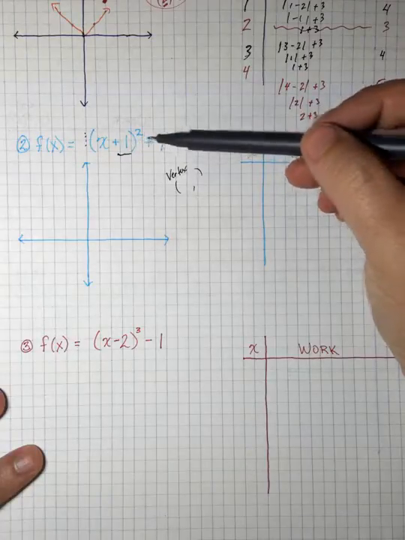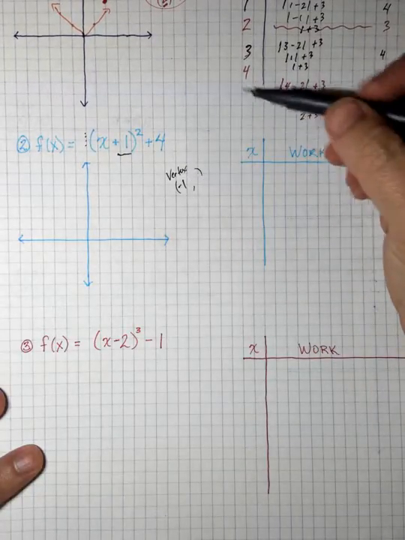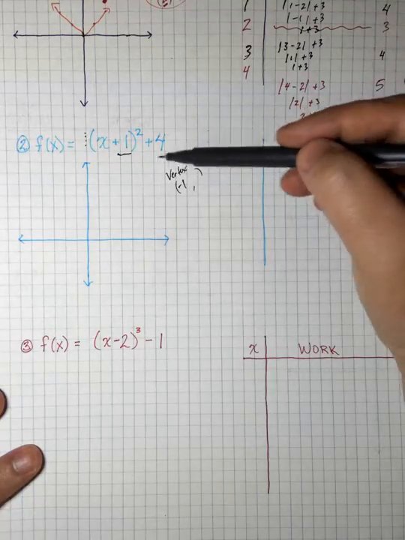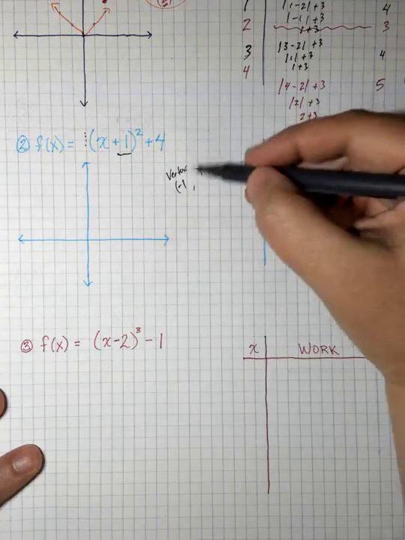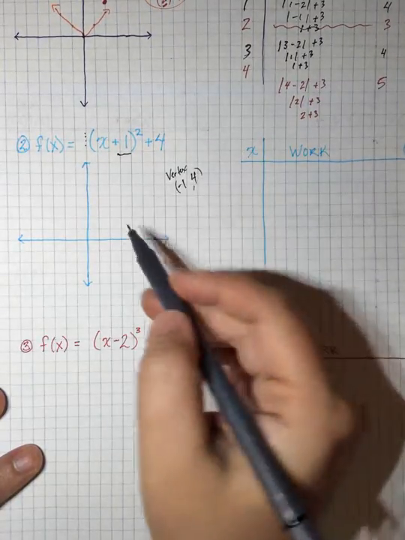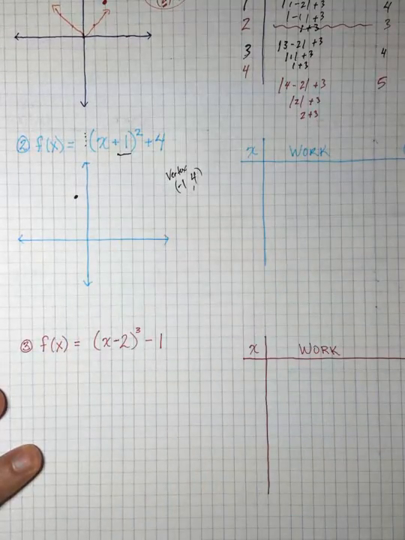So it says positive 1, but what that really means is your vertex now is a negative 1. The k value on the outside, however, doesn't lie to you. This one tells you the truth, so your k value really means a positive 4. So your new vertex for this quadratic is negative 1, positive 4.